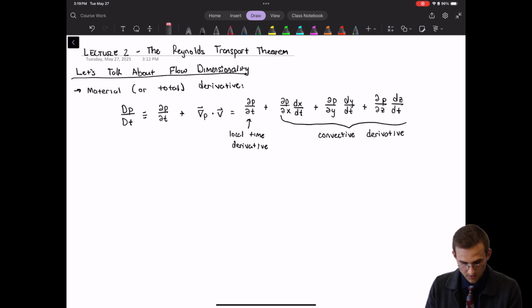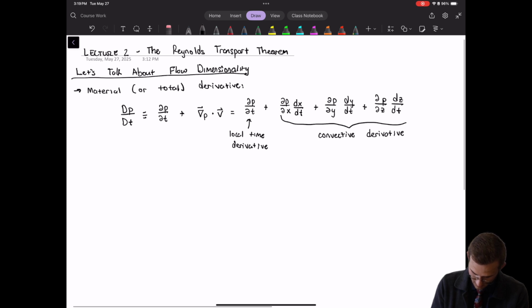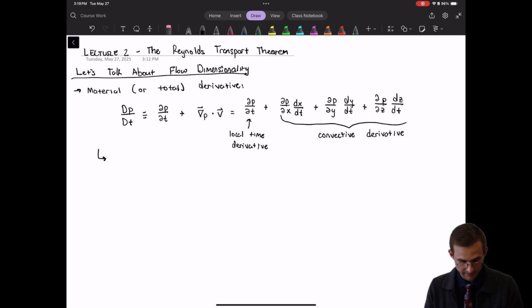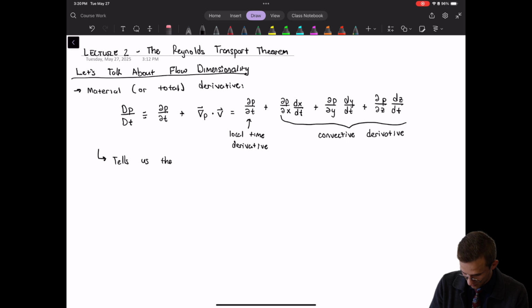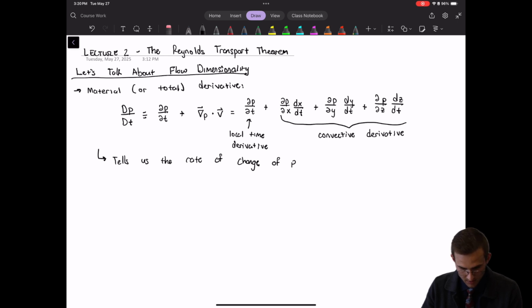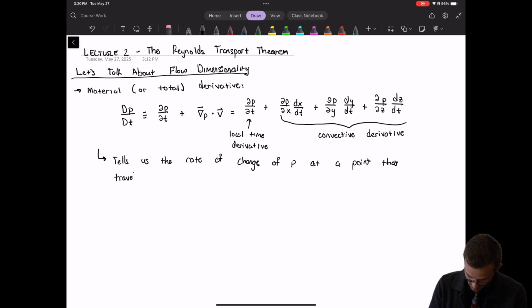Okay, so what does this tell us? Well, the material derivative, or the total derivative, tells us the rate of change of a property, in this case P, at a point that travels along the flow.